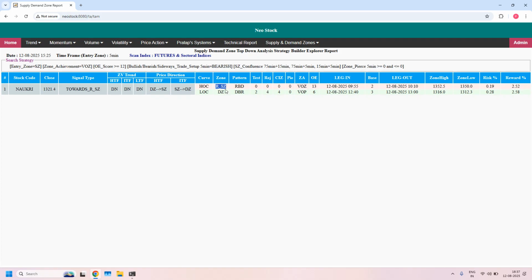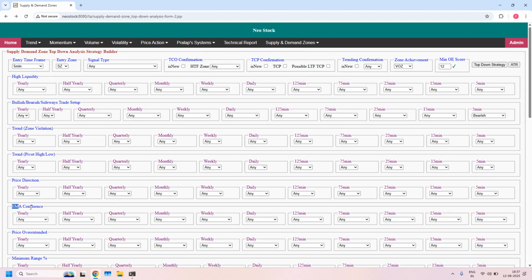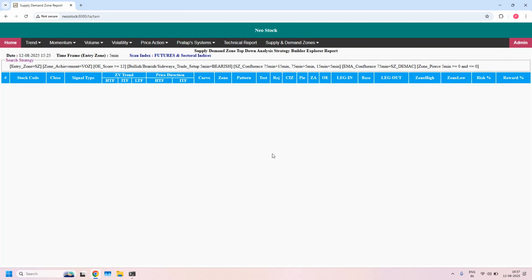Both together again overlapped with 75 minute supply zone. And 75 minutes trend is downtrend. Let's further filter any 75 minute supply zone with daily EMA confluence. By enabling the filter, we did not get any. So that means we don't have any high probability trade setup supported supply zones.